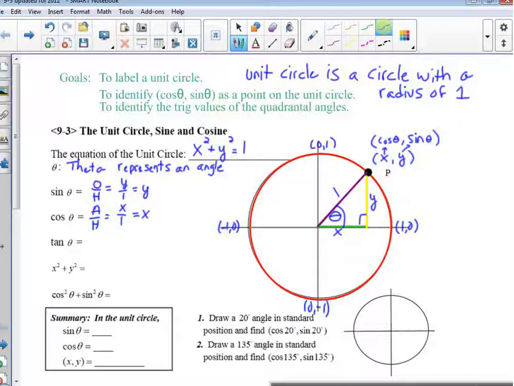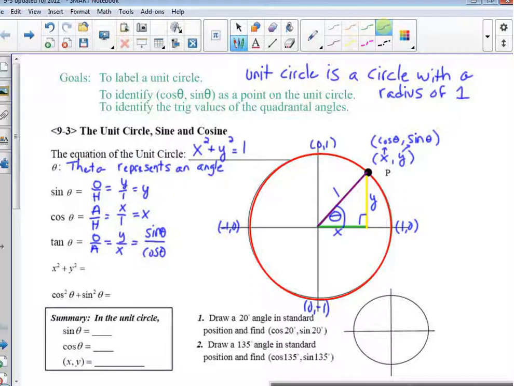So now some other relationships come into play. So tangent of theta is an opposite over an adjacent. In our little triangle, that's y over x, which is really sine theta over cosine theta. Important to know those.